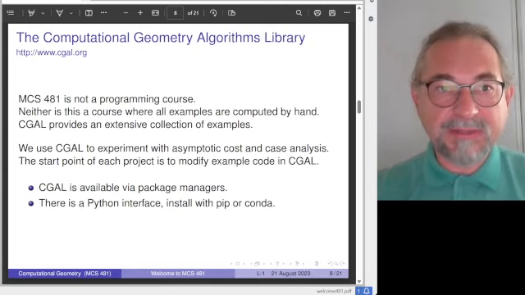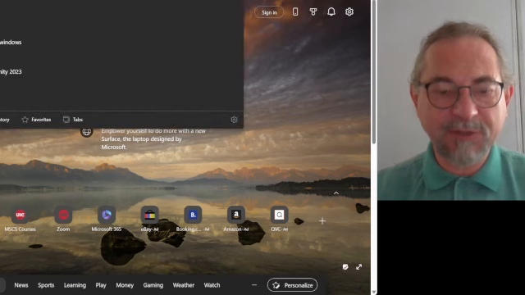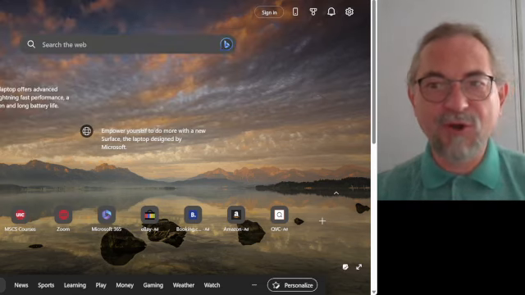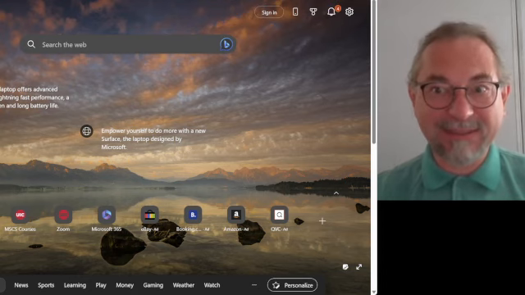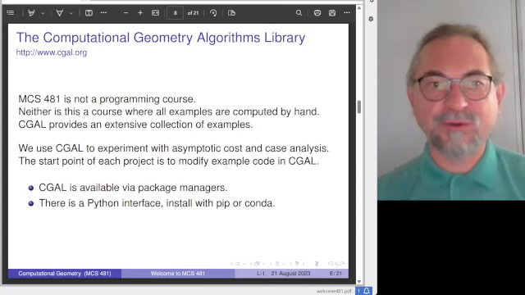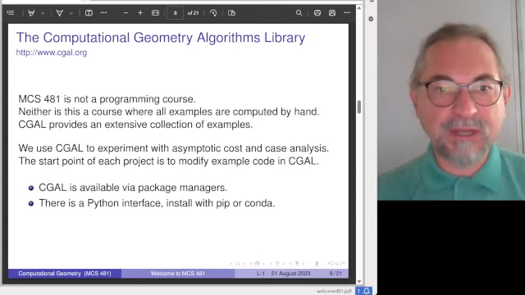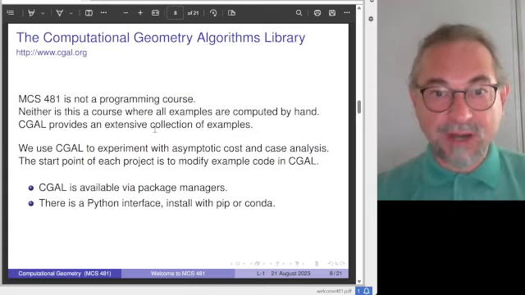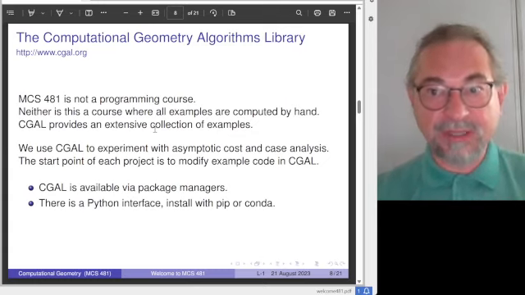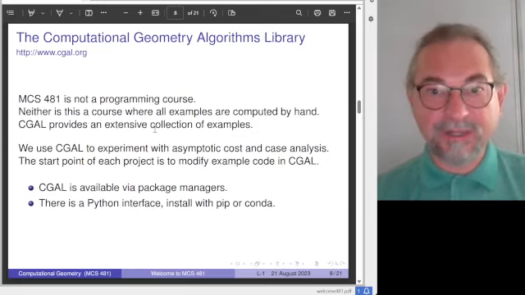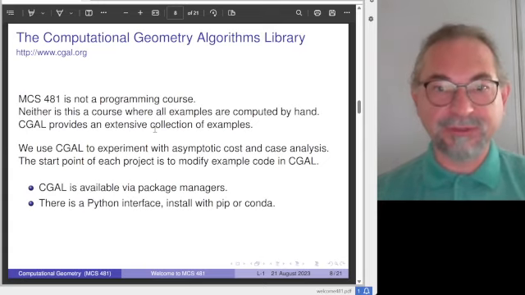CGAL, and perhaps I should have had this open, but let me do this anyway. I will go to the website, hoping that my internet is good. I will wait for the website to load. I was indicating that this is not a programming course, but looking at software is a great way to learn about programming, and also we learn about geometry.